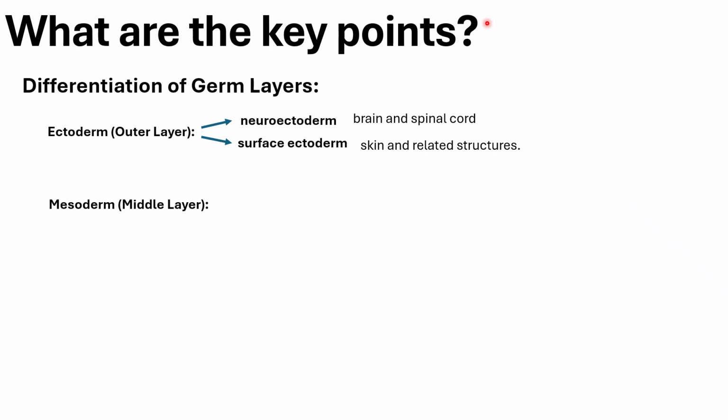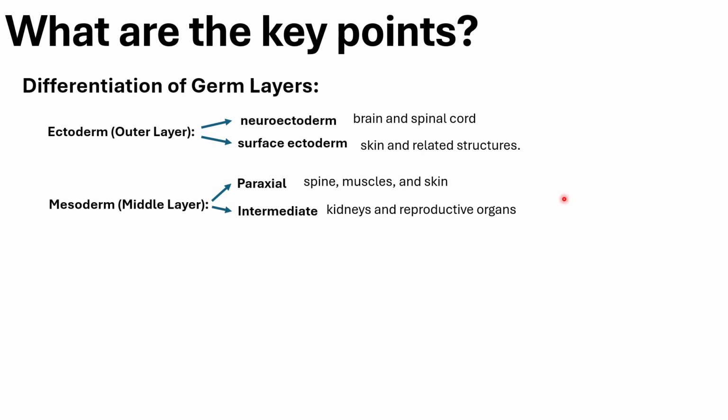And then you have your mesoderm or middle layer, which will become your paraxial mesoderm, which will give rise to your spine, muscles, and some parts of the skin. And then you would have your intermediate mesoderm, which will become your kidney and reproductive organs. Then the most lateral part of the mesoderm.